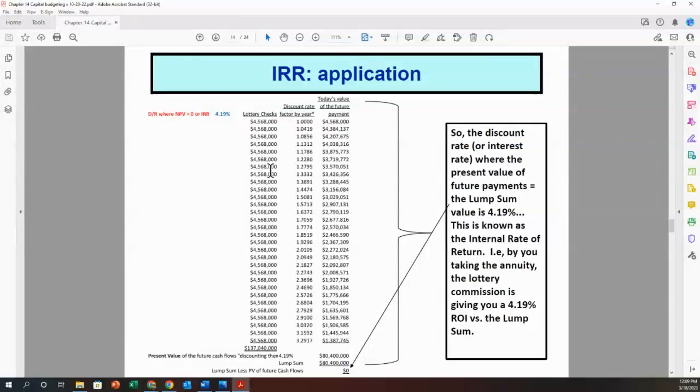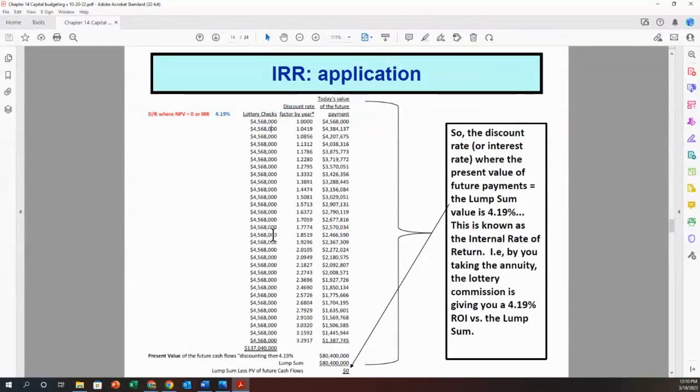They don't hold on to, let's say you take the annuity, they don't hold on to that money and dole it out to you every year. They don't hold on to the face value of that money. What they do is they go to the financial markets and buy a coupon bond, and they say, given today's interest rates and everything else, I'm going to have to pay Dave Kanzler $4.568 million a year for the next 30 years.